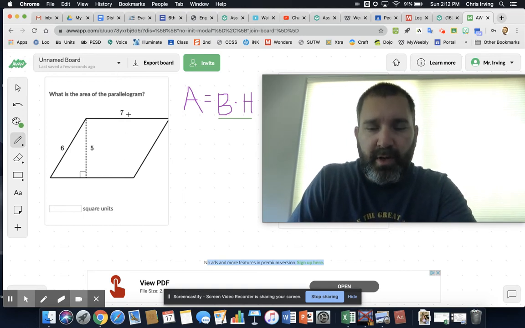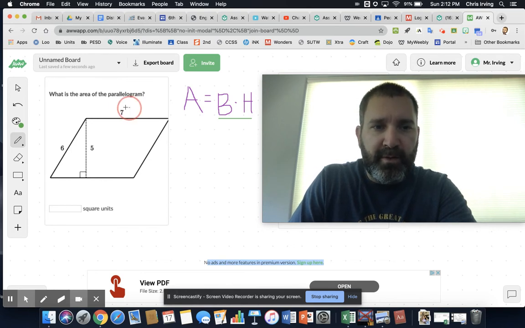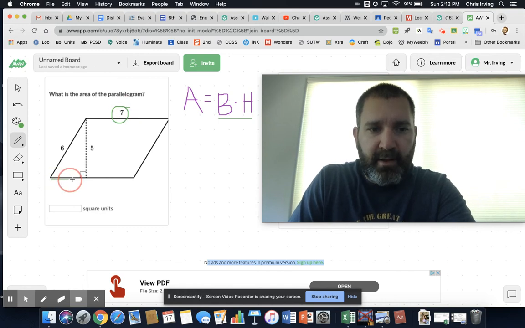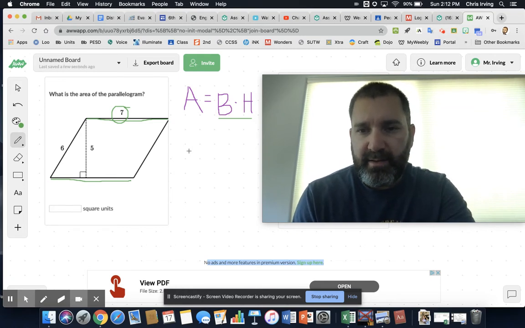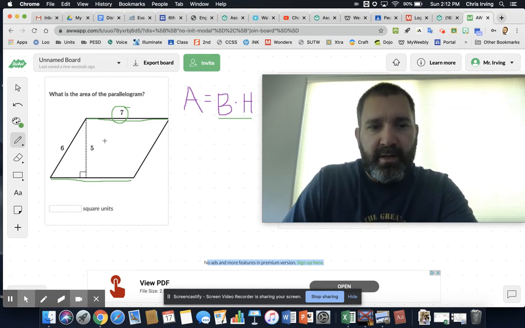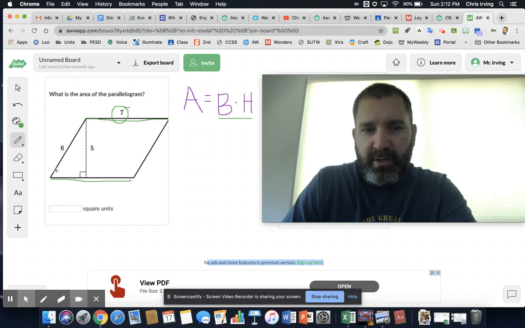This problem tries to trick you a little bit, but we shouldn't be fooled here. We know that the base is 7. The bottom of the parallelogram is congruent to the top of the parallelogram. That's what makes it a parallelogram. So if the bottom is 7, the base and the top must also be 7. Now this 6 right here is what we really should not be paying attention to.